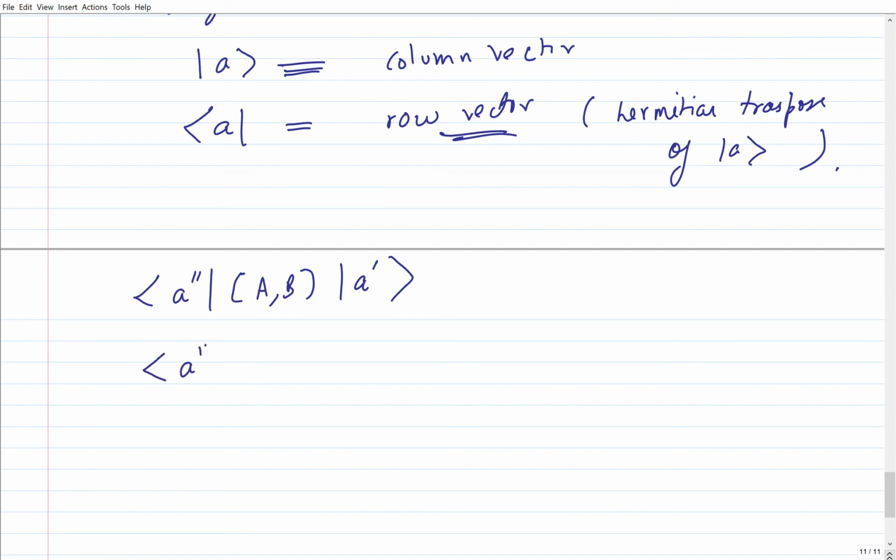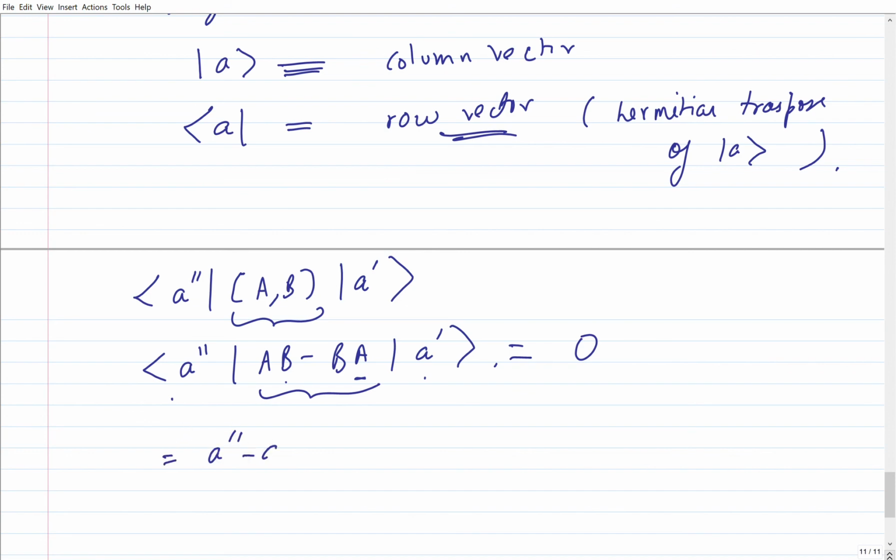So I just write down AB minus BA, where A prime and A double prime are the eigenvectors of A. This was a commutation relation. This gives me 0 because I started with A and B commuting. So this will give me (A double prime minus A prime) times the element between A double prime and A prime of B, equal to 0.